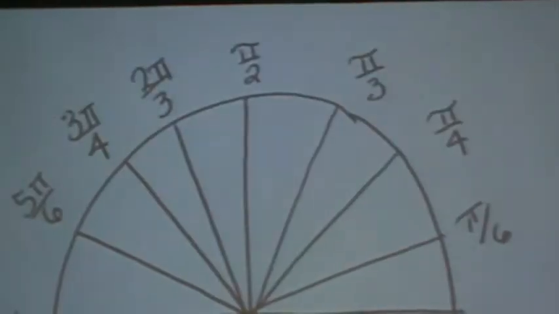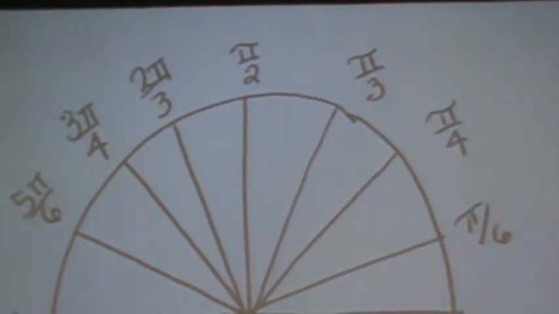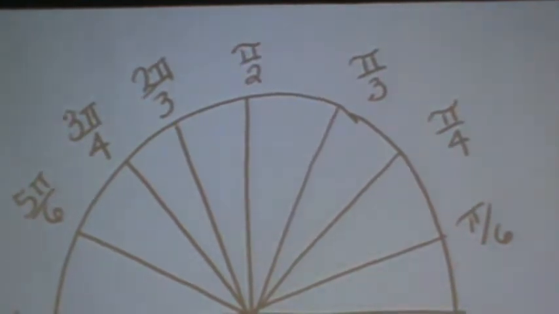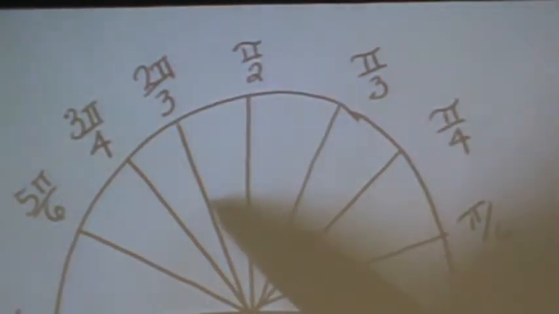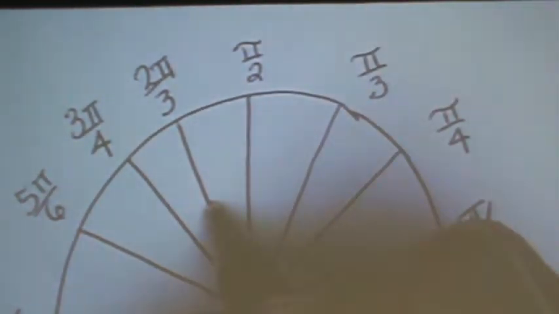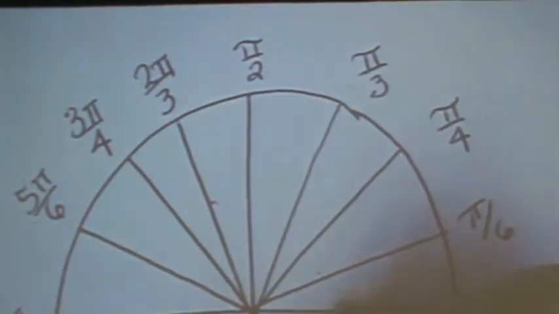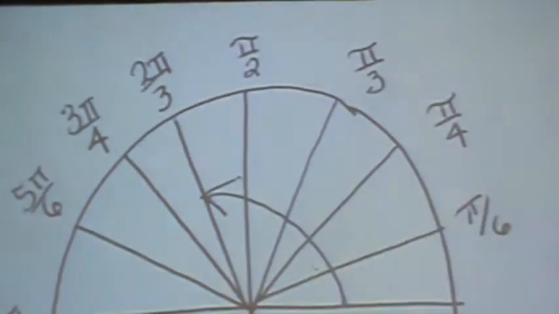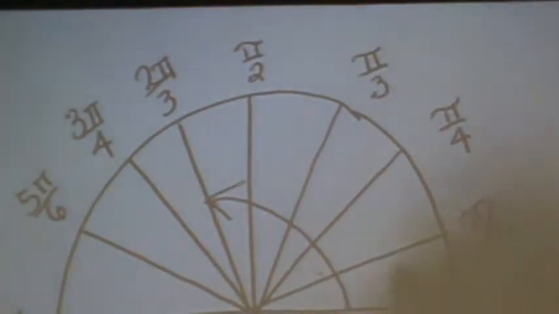Okay, so for this one, you're taking this angle right here, from here to here, 2/3, and you're adding this angle, pi over 4.